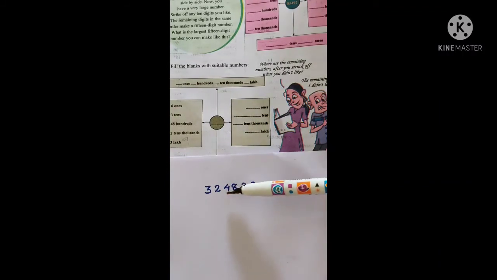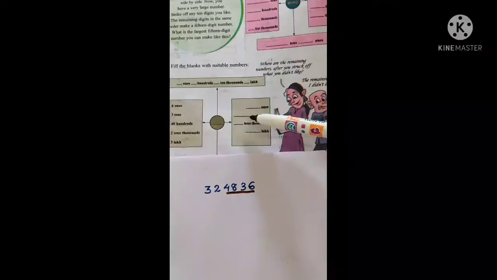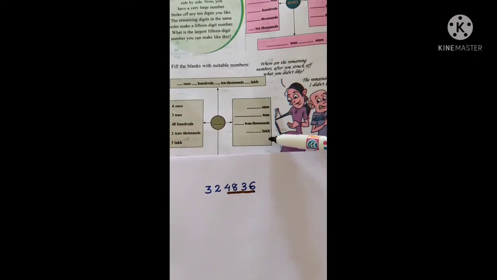When we consider these 4 digits, that is 4,836, how many tens are there? Now you know how to find out tens. Yes, we know that in 10 there is only 1 zero. So we must cut 1 digit from the right end. That is 483 tens. So we write it as 483 tens, 2 ten-thousands and 3 lakh.